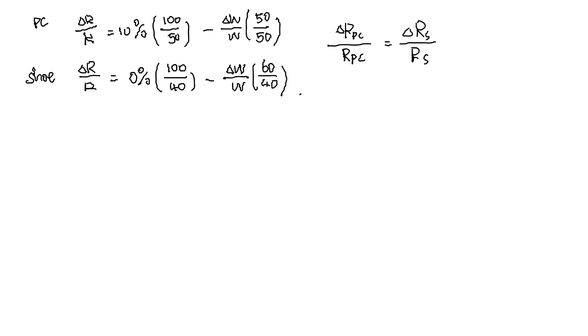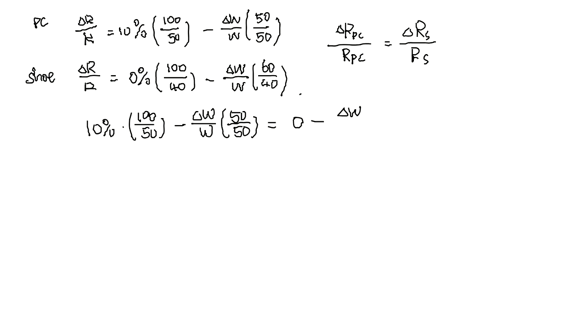So we will get 10% times something equal to 0. 0 times something is equal to 0 minus this. Right?